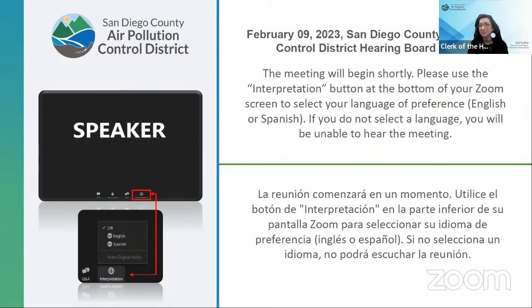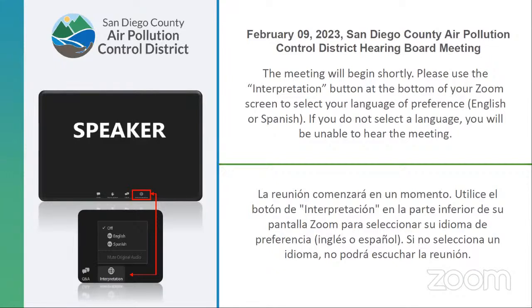Yes, please. Okay. If you are using your laptop or desktop computer today, please look for the globe figure at the bottom of your screen when it appears in a moment and choose language interpretation and then select English.